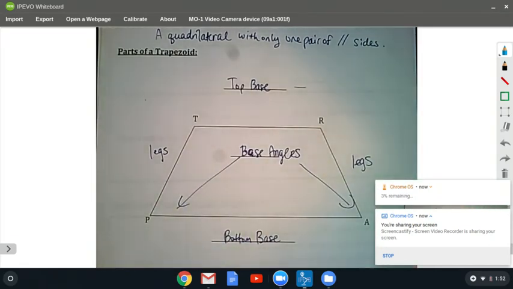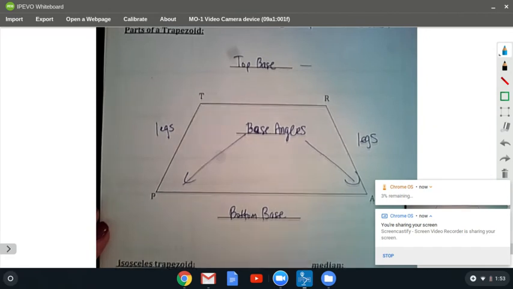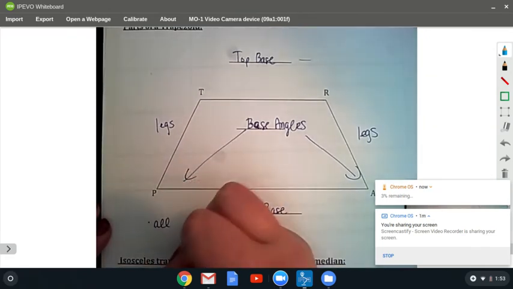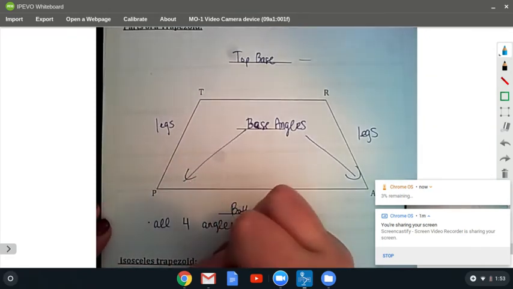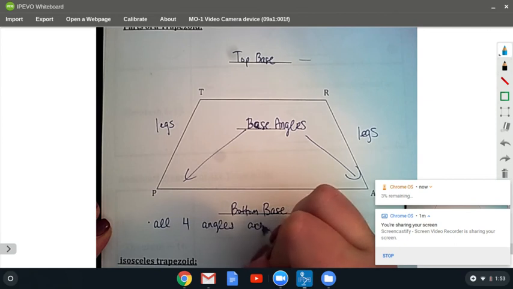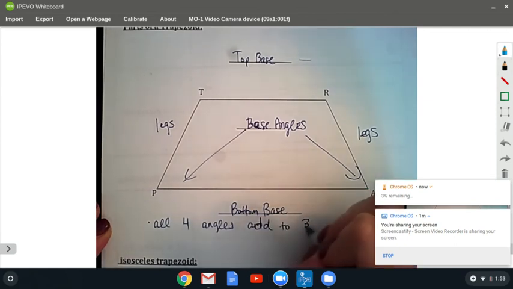Some important pieces of information to know here are that all four angles add to 360.